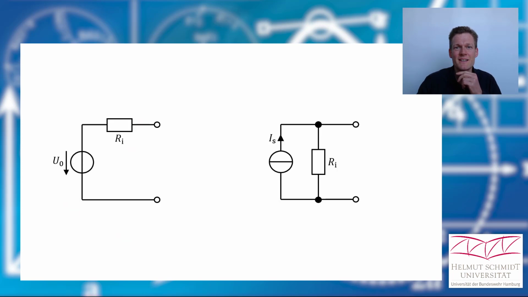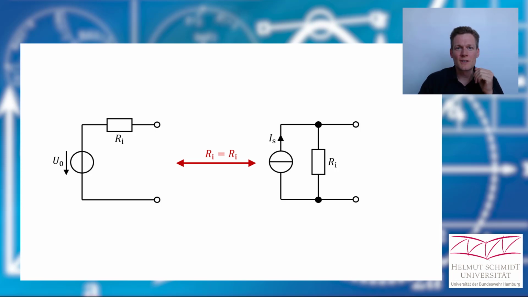It's very easy. The very good news is the inner resistance is the same in both sources. So just use the old value and put it in the new source. If we start with a practical voltage source and we want to create a practical current source, we need the short circuit current.